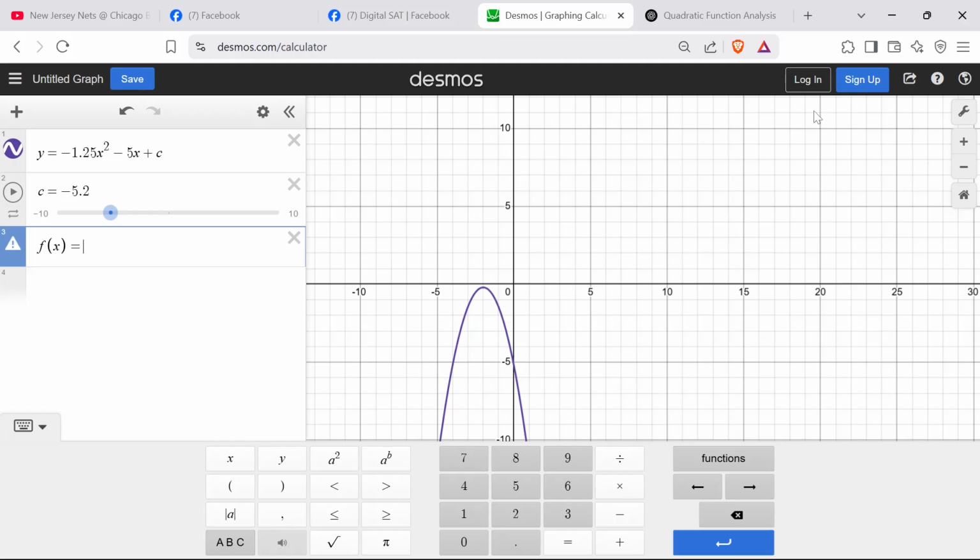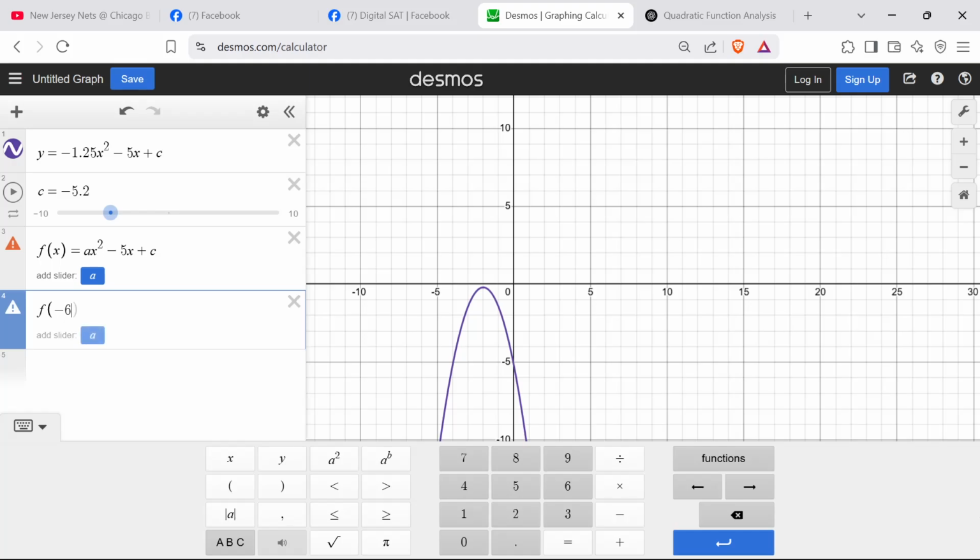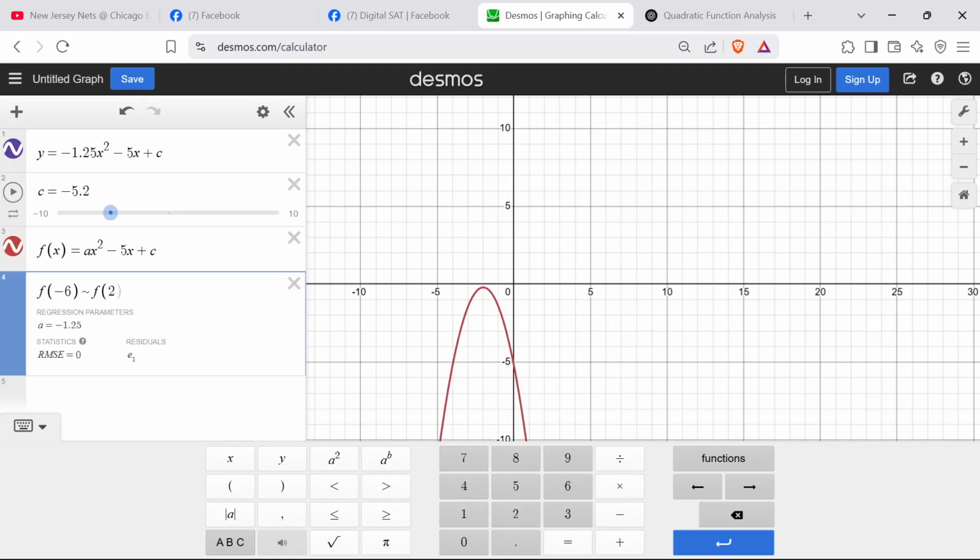When it first shows the function, at this point it doesn't have a slider. When it first shows the function, I'm just typing it in again, it doesn't fit the second parameter.